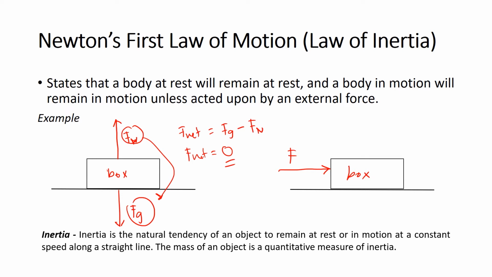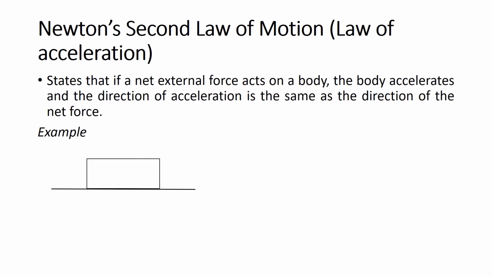So if you have a bicycle and a train, and you compare the inertia of these 2 objects, obviously the train has a greater inertia than the bicycle. So the higher the mass of the object, the higher the value of inertia, and that's the bottom line of the first law of motion. Let's go to the second law of motion.